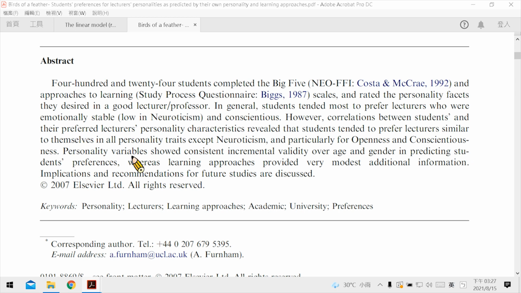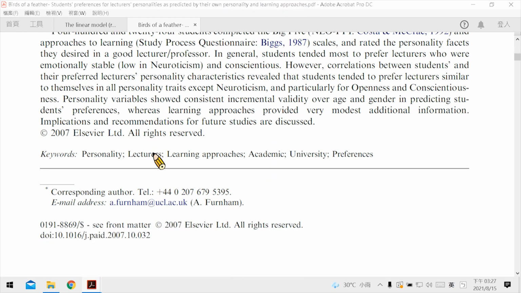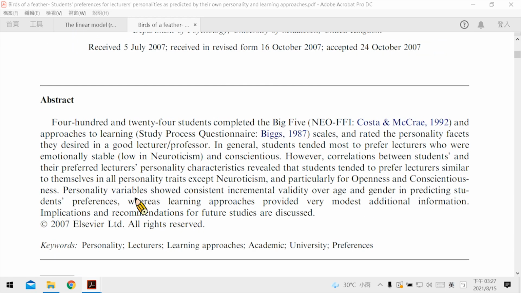The personality variables show consistent incremental validity over age and gender in predicting student preference, whereas learning approach provides very modest additional information. Implications and recommendations for future study are discussed. Okay, this is the keyword, related to your topic.